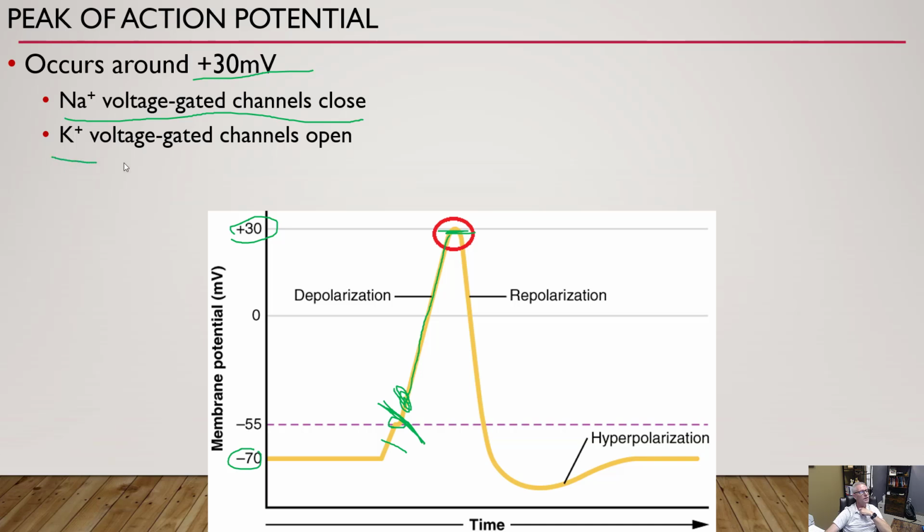And now we're going to open up our potassium voltage-gated channels. Remember, we're dealing with electricity, so we're dealing with voltage-gated channels, not ligand-gated channels. Remember the ligand-gated channels, they are shut off.